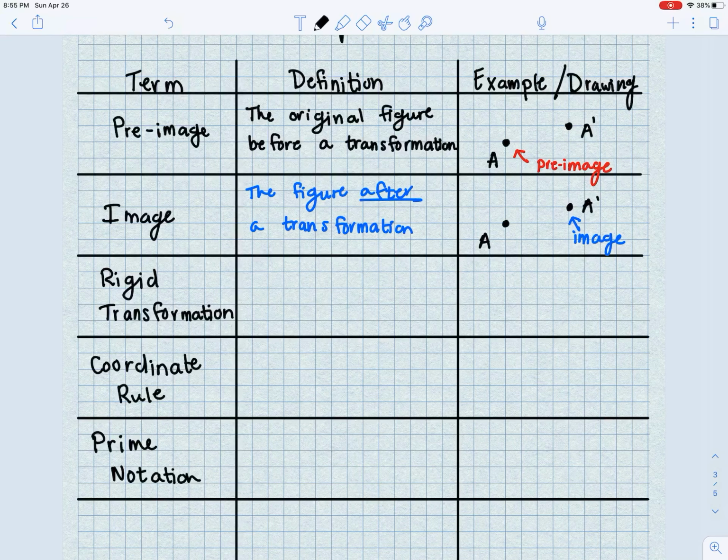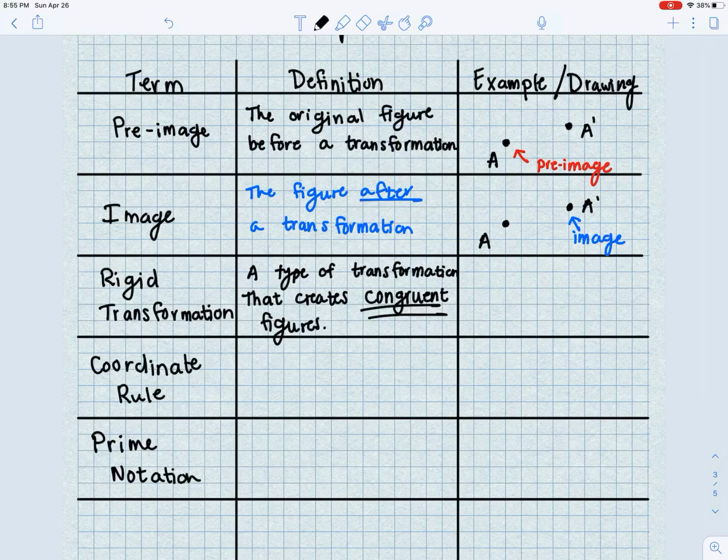A rigid transformation is a type of transformation, and this is important here, that creates congruent figures. Really big emphasis on congruent here.